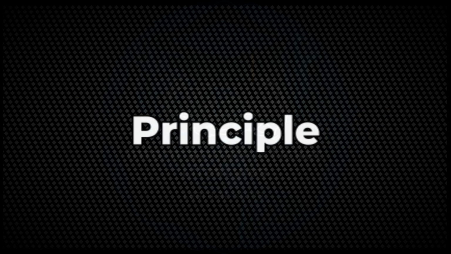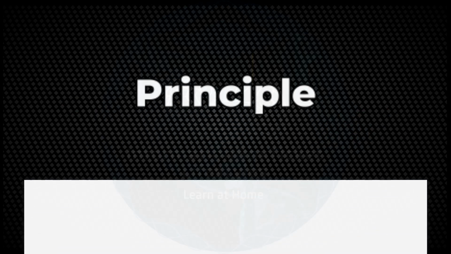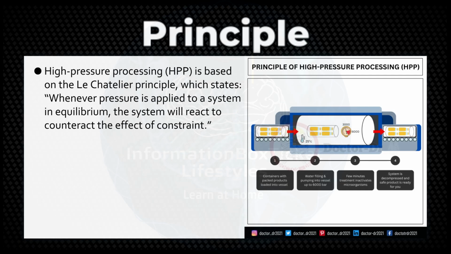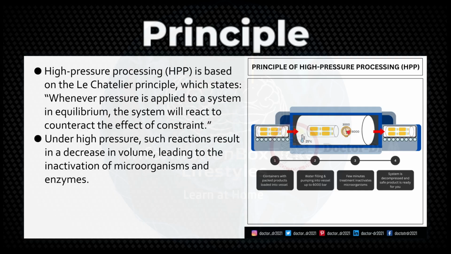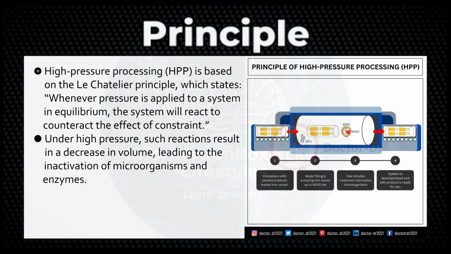Principle of high-pressure processing. High-pressure processing is based on the Le Chatelier principle, which states, whenever pressure is applied to a system in equilibrium, the system will react to counteract the effect of constraint under high pressure. Such reactions result in a decrease in volume, leading to the inactivation of microorganisms and enzymes.